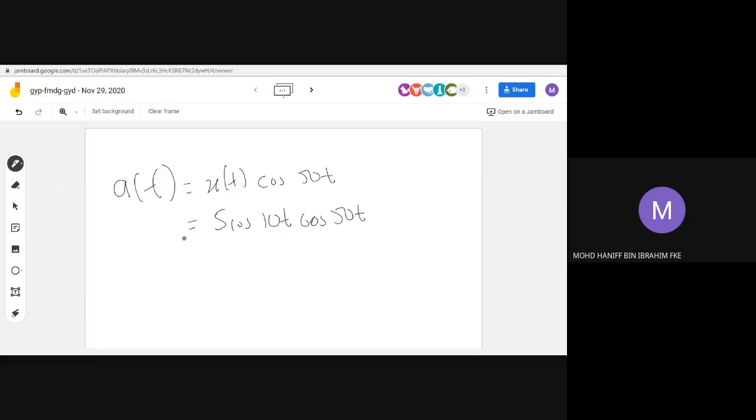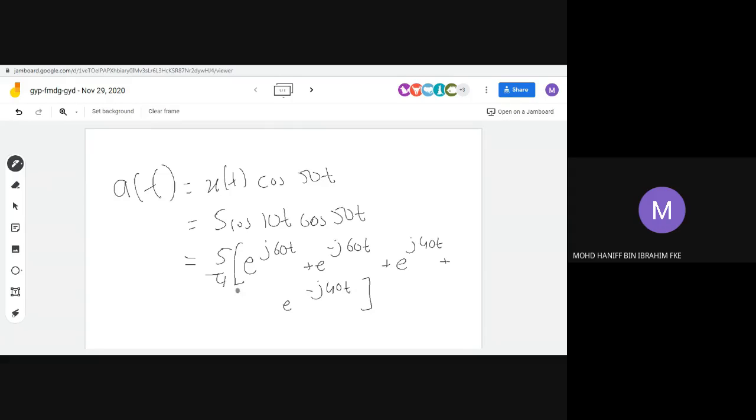We can write this in terms of exponential form, because we want to find the Fourier transform for this equation. So we have this as equal to 5 over 4, exponential of j of 60t plus exponential of negative j of 60t plus exponential of j of 40t plus exponential of negative j of 40t.